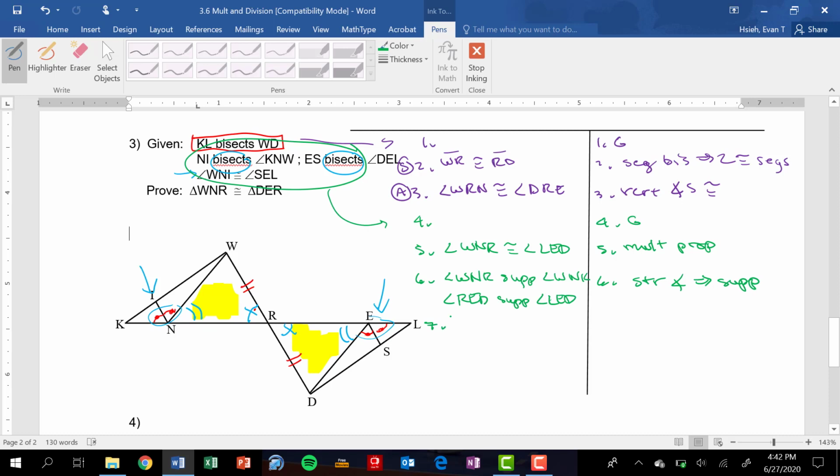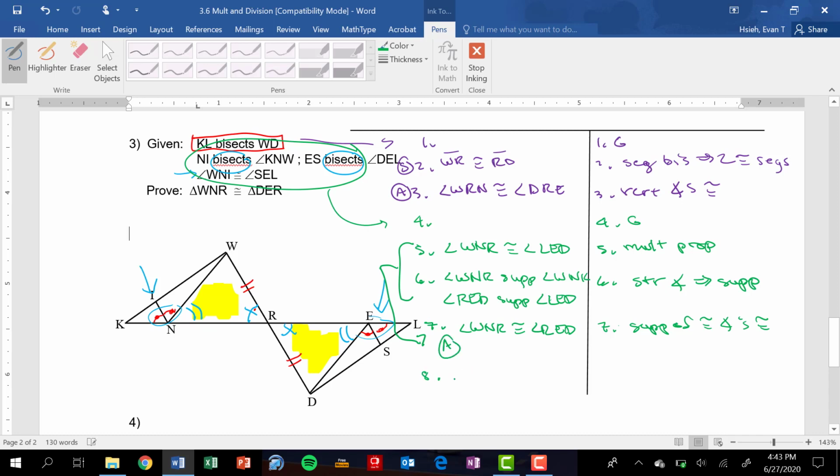We don't need to write down that step. And now from these two steps right here combined, I can get step 7 by saying that angle WNR is congruent to angle RED by subs of congruent angles are congruent. Okay, so that gives me my last angle right there.